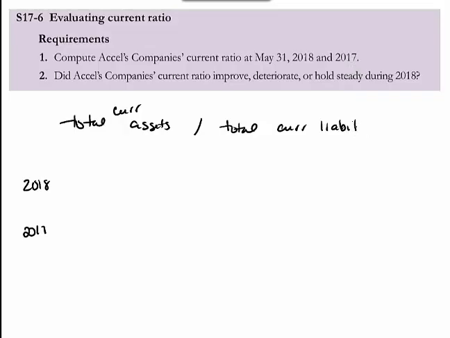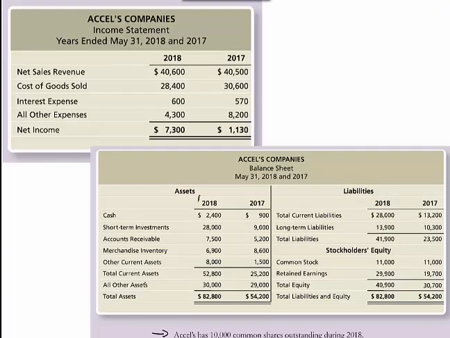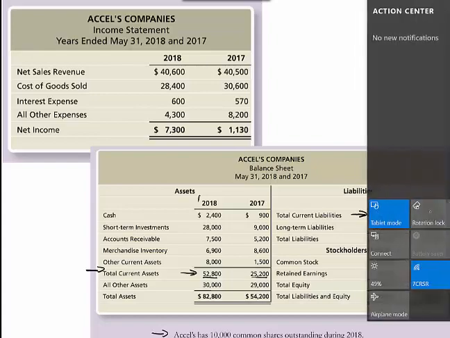So we're looking at total current assets here for 2018 and 2017, and total current liabilities, which is right here. So for 2018, I'm going to take the total current assets of 52,800 divided by the total current liabilities of 28,000. And then for 2017, I'm going to take 25,200 divided by 13,200.